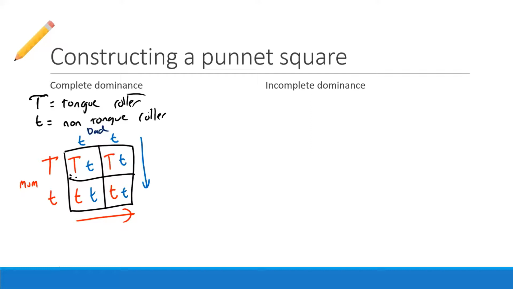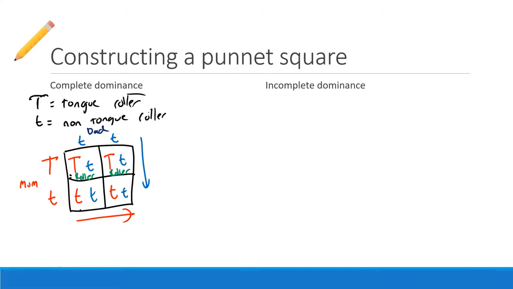If you don't want to say it out loud, you can put it in the chat. Top one, capital T, lowercase t, roller or non-roller? Yes, it's a roller. They can roll because they have a dominant T. What about this one, top right? Roller, because it's got a capital T.